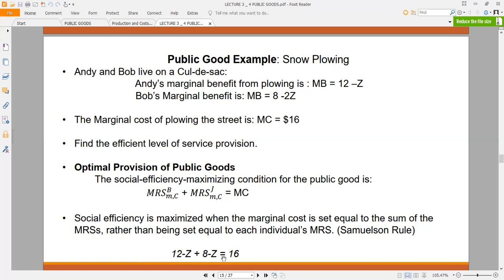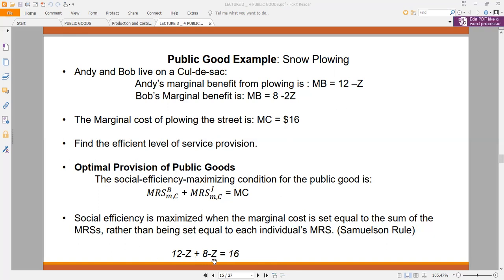So please, when we solve for this, what are we getting for Z? What will be the value of Z? Yes, anybody?